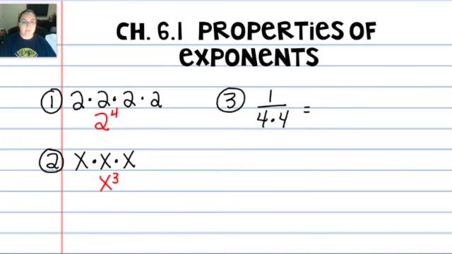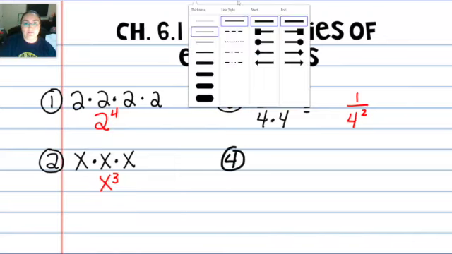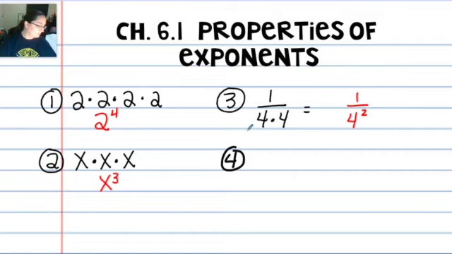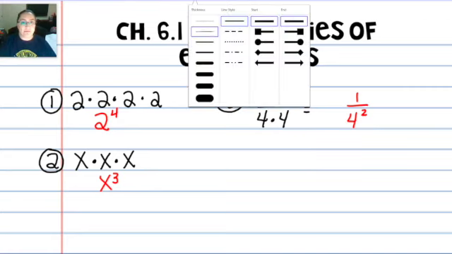Okay. So to use exponents here, we would say 1 over, and then 4 times 4 is 4 to the 2nd power. Okay. Number 4. Actually, there's no number 4, so we don't need a number 4 here. Okay, sorry about that.